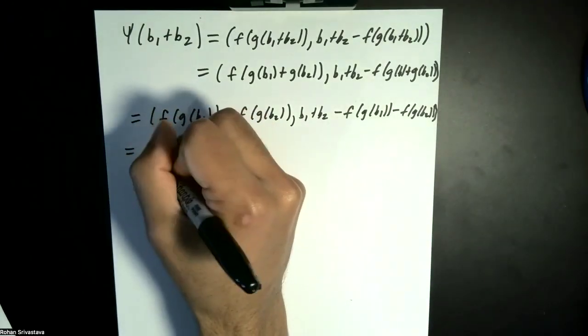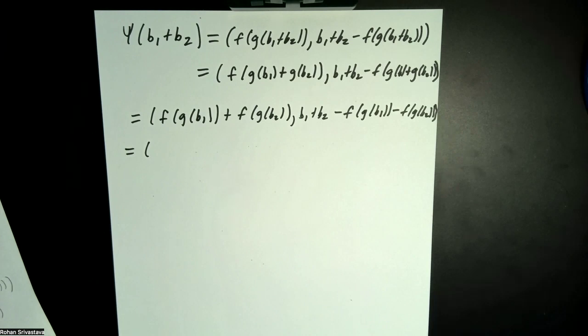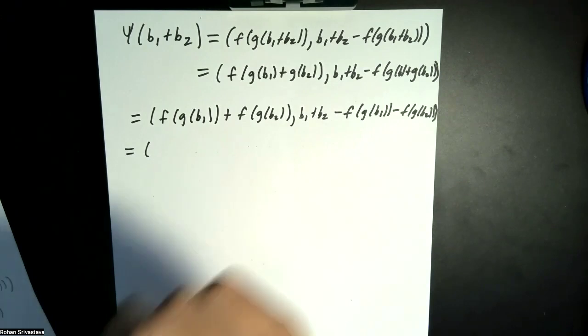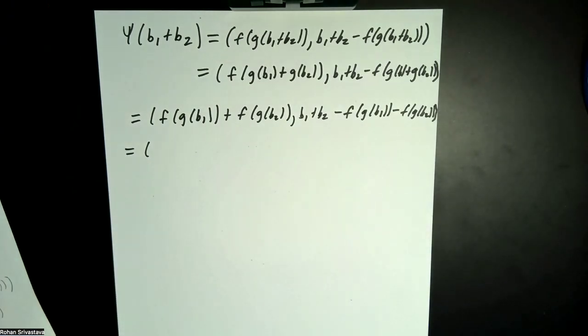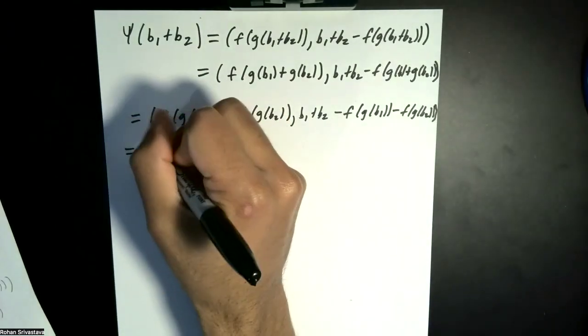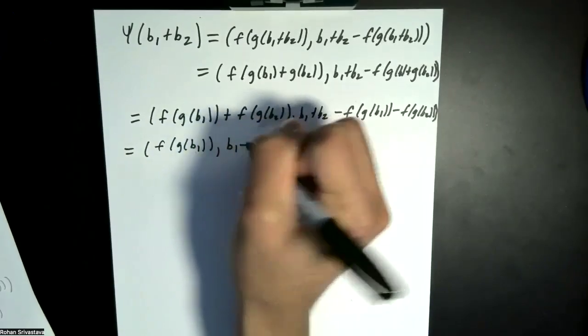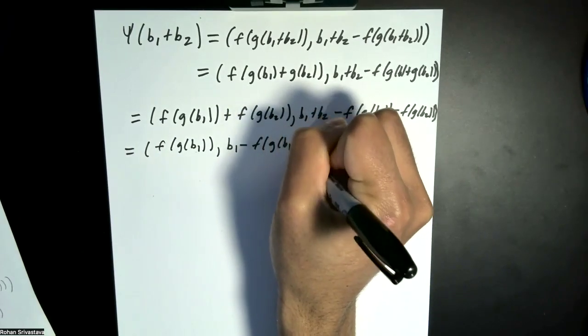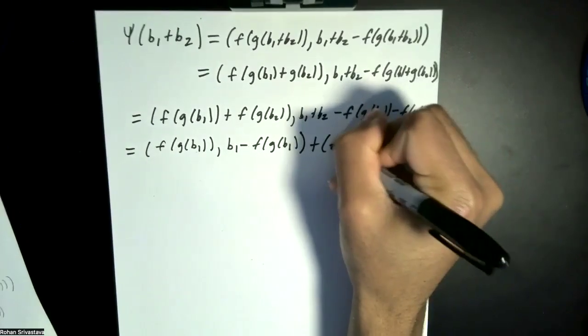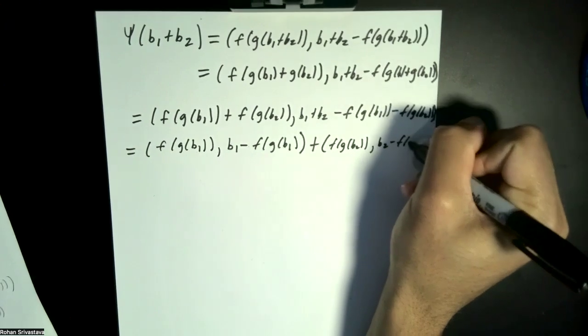And this is in the image of F direct sum the kernel of G. And as an R module, in particular as an abelian group, addition in that R module is component-wise, and so we can split this up as F of G of b1, comma, b1 minus F of G of b1, plus the ordered pair F of G of b2, comma, b2 minus F of G of b2.